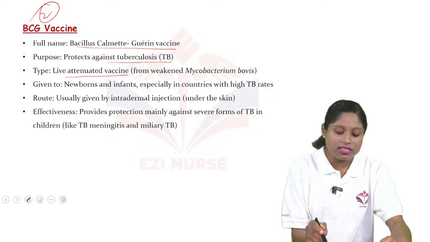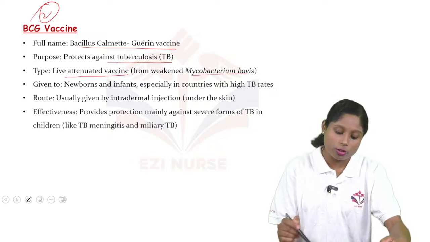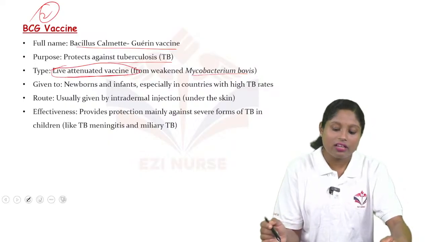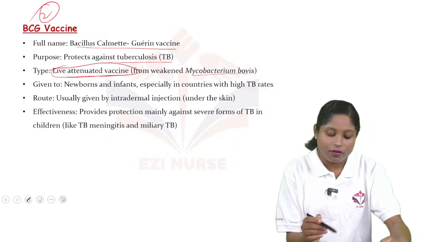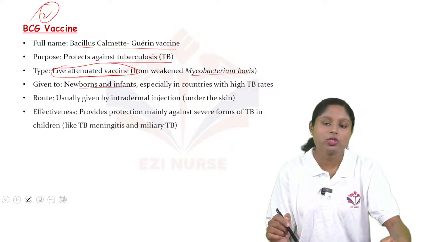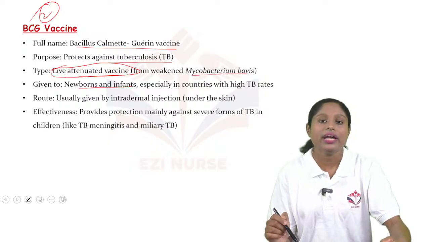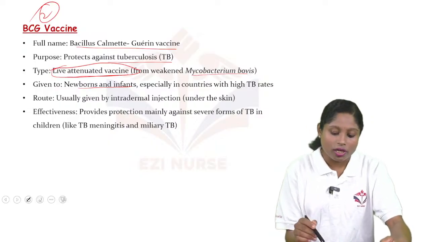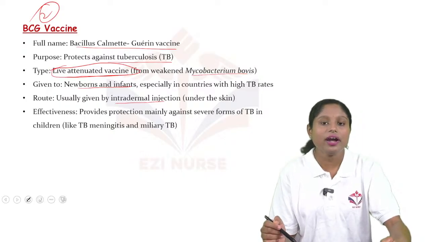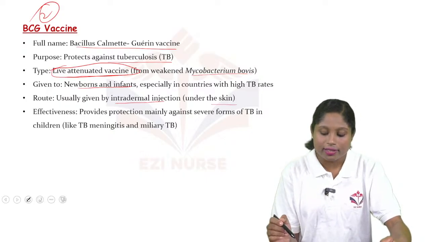It's a live attenuated vaccine, made from weakened Mycobacterium bovis. It is given to newborns and infants, especially in countries with high tuberculosis. The route is usually intradermal injection, under the skin.